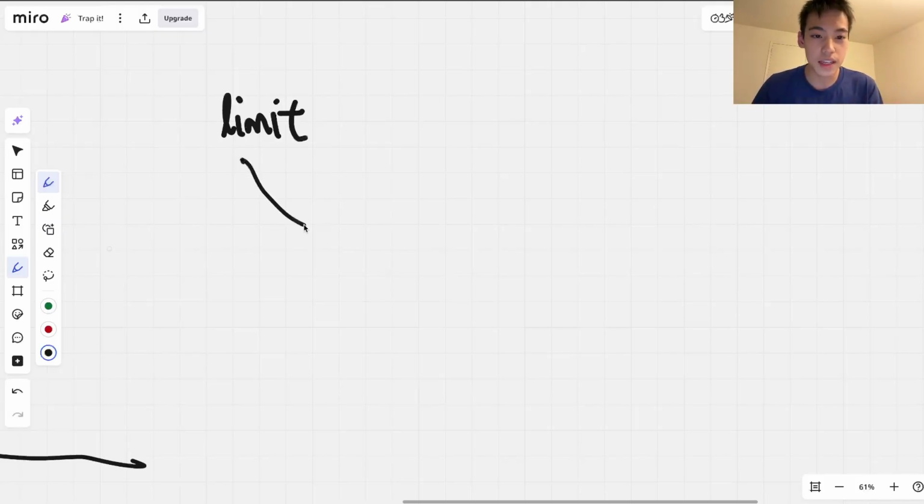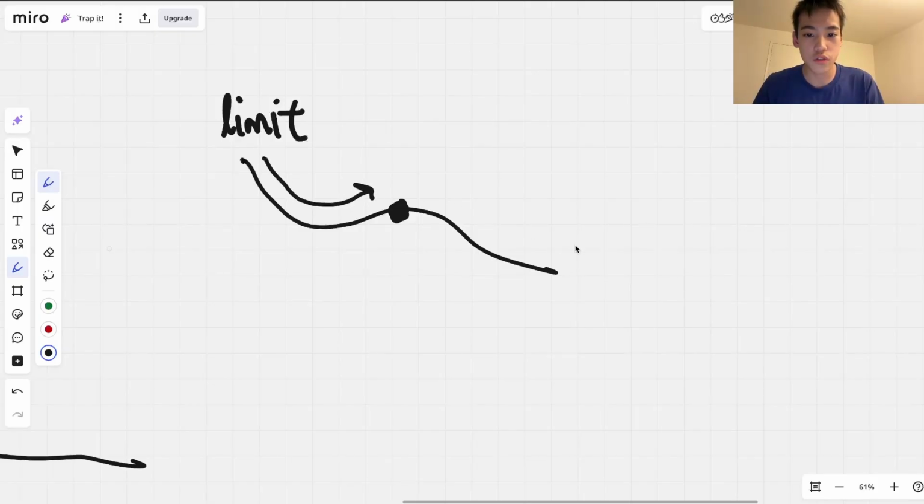So if I give you this function, and it doesn't really matter if it's defined or not, but let's say it's a point, and you want to find the value of the function at this point, then if you travel along this function and approach it from both sides, what value do you get really close to?